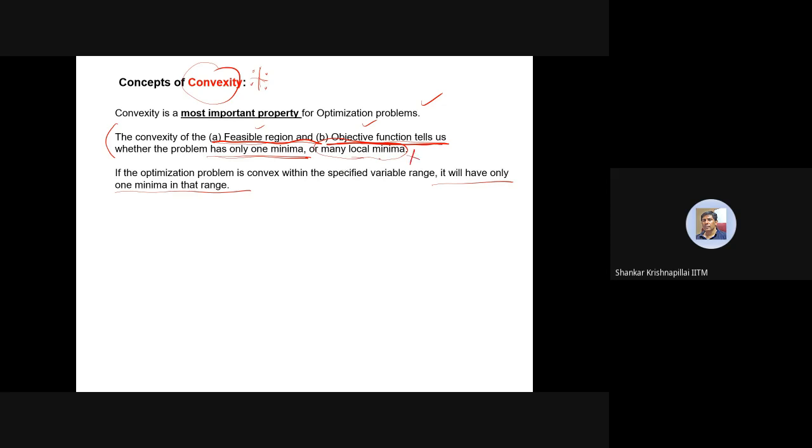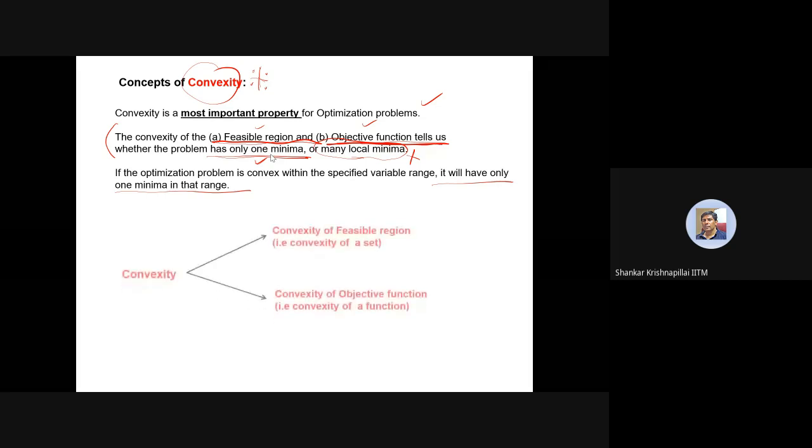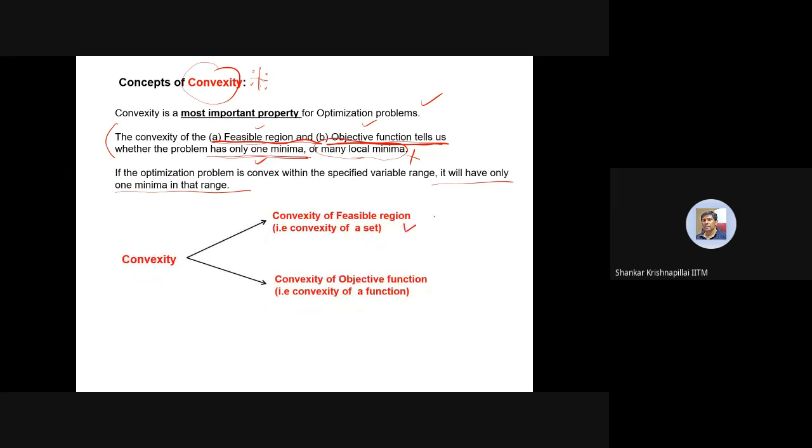If it's convex, there will be only one minimum within the variable range of the problem. First we look at the convexity of the feasible region, that is, convexity of a set, then convexity of the objective function. So what is convexity of a set?